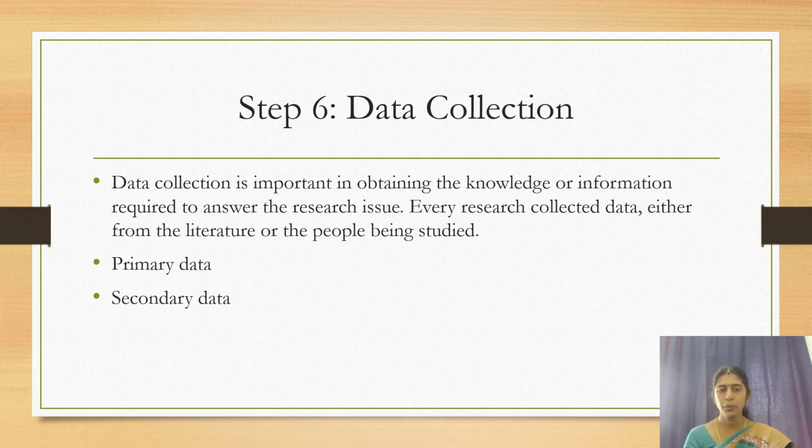The next step is collection of data. We have two major types of data collection. One is primary data, the first source of data. The second is secondary data. Primary data we can take from newspapers, the fresh data available in newspapers or magazines or anywhere else, or through interviews, surveys, or asking questions of your respondents.